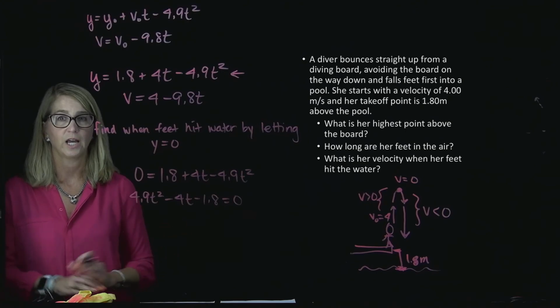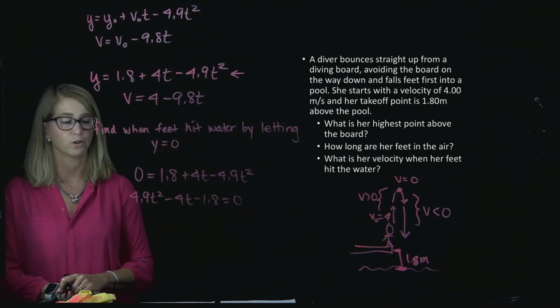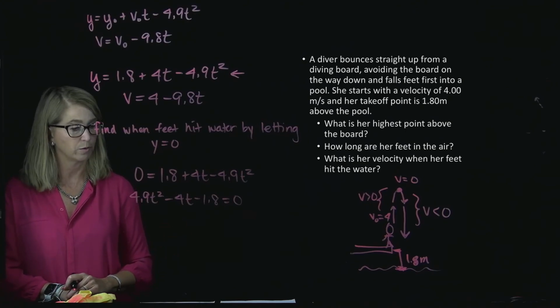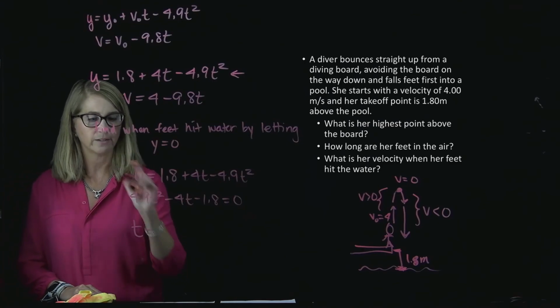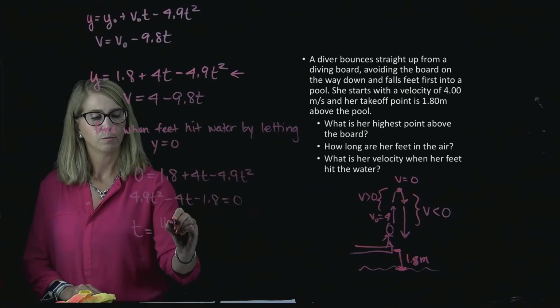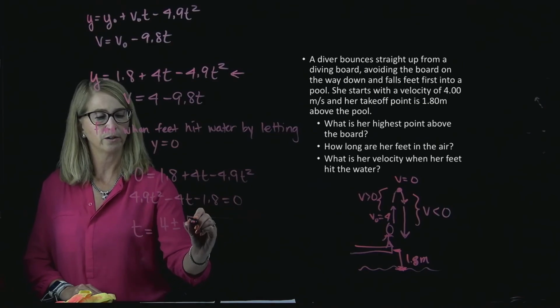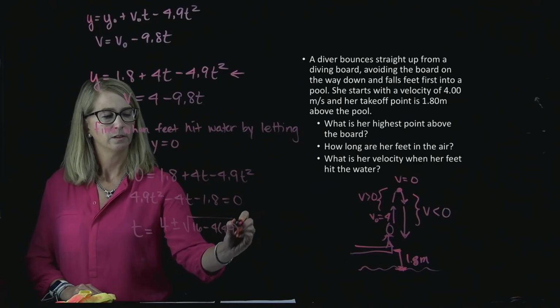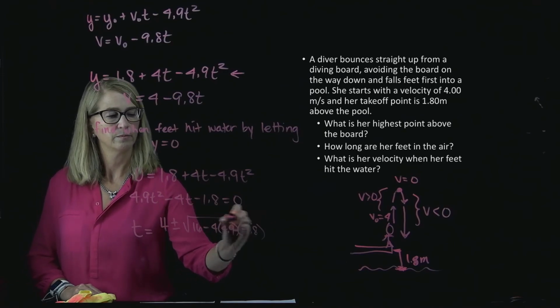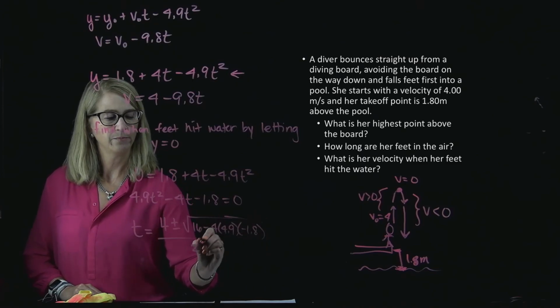I didn't do that because that would require too much work. I just remember the quadratic formula. So the way that this is going to look is it's going to be negative b, so it's 4, plus or minus the square root of b squared, which is 16, minus 4ac, all over 2a.